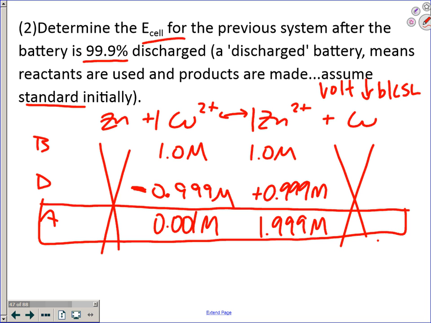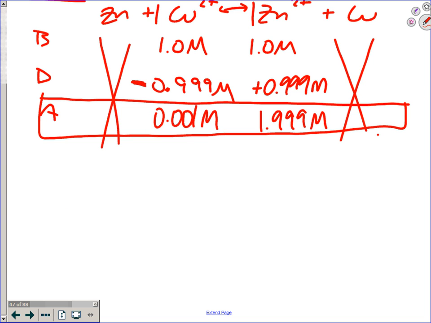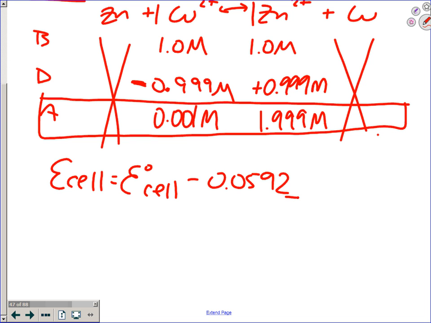So the way we calculate that, though, that's our prediction, is E cell is equal to E naught cell minus 0.0592 over n log of Q. Okay, so there's our equation. I already know one of these. I know this one, 1.1 volts. That's what we've done, the same equation 3 times.